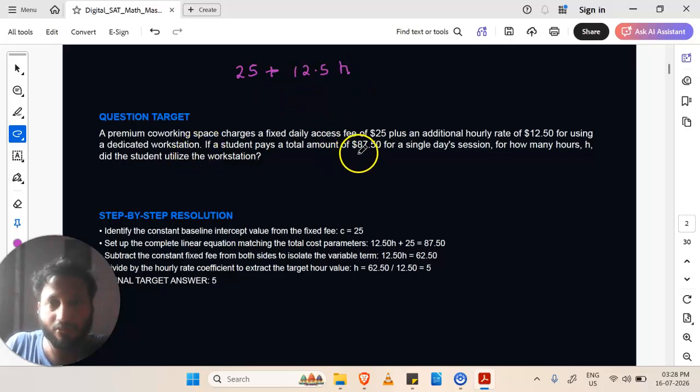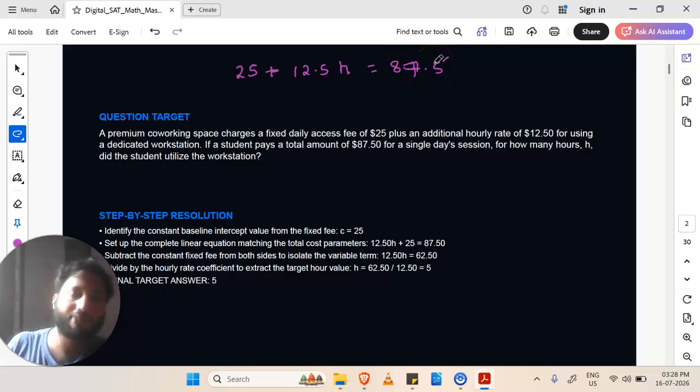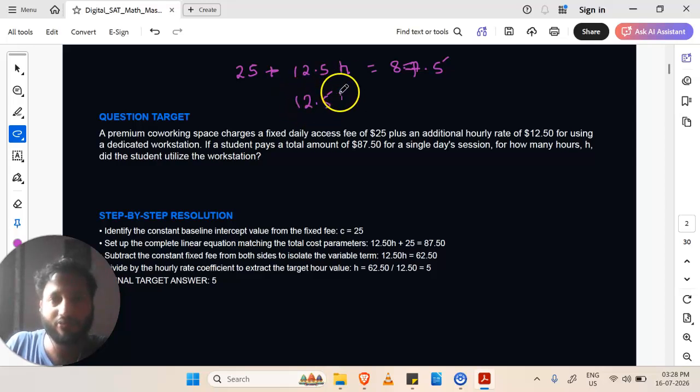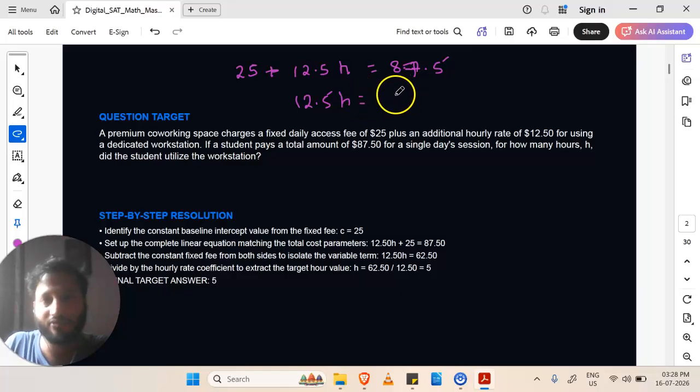And the total amount the student is paying is 87.5. So what am I going to do? I'm just going to simplify this equation and solve it for h. 12.5h equals, subtracting 25 on both sides will give us 62.5.